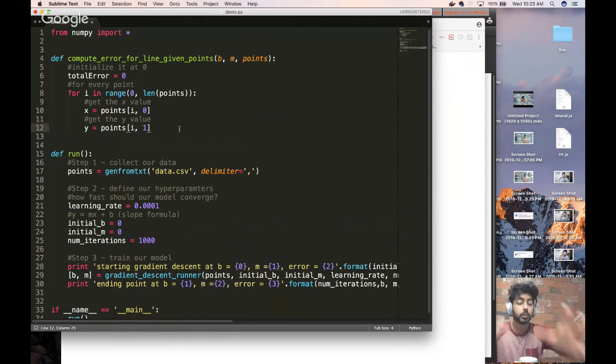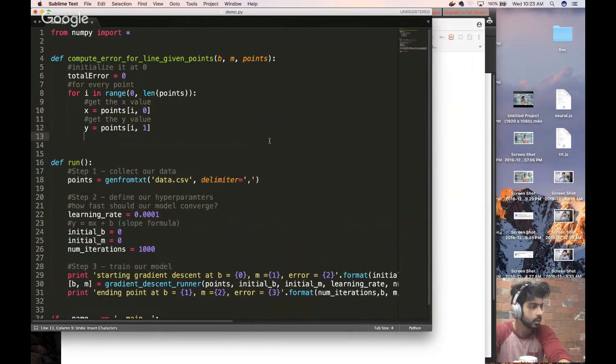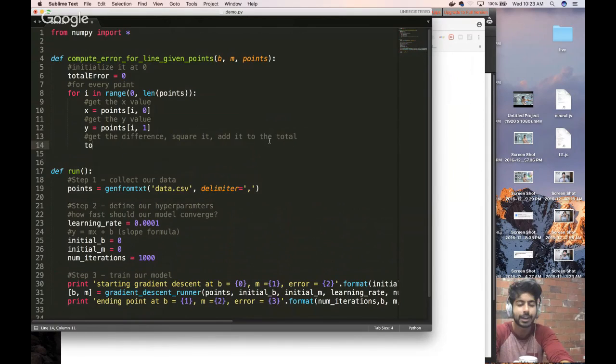We've got the x value, we've got the y value, and we want to compute that distance. We're going to do this every single time. Then get the difference, square it, and add it to the total. Okay, so here's the actual equation.